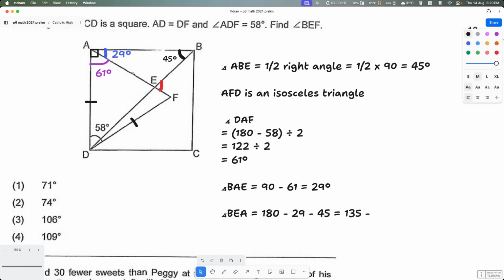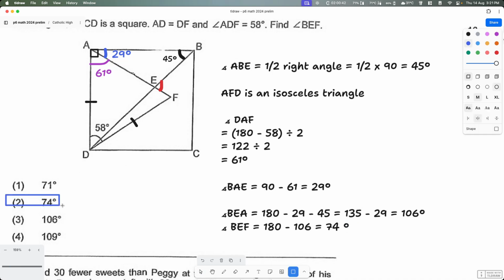Okay, minus 29, this will be 106. Okay, 135 minus 29 degrees. And then that means angle BEF is equal to 180 minus 106, and this will give us 74 degrees. So I see over here, the answer is option number 2. Okay, there you go.